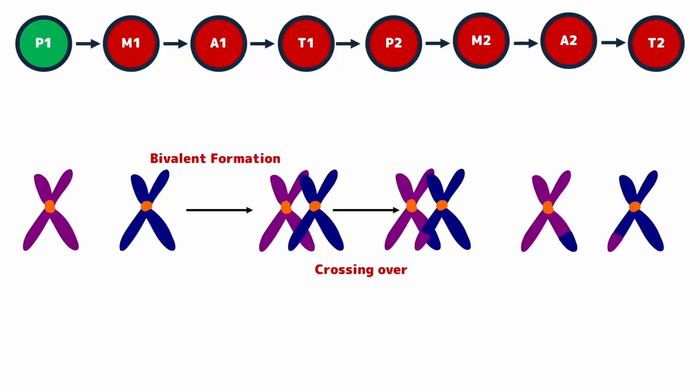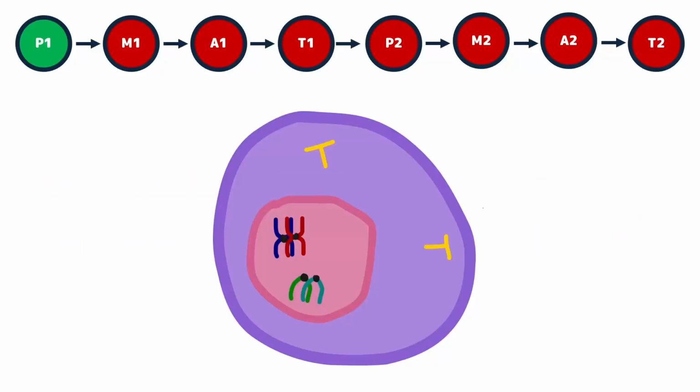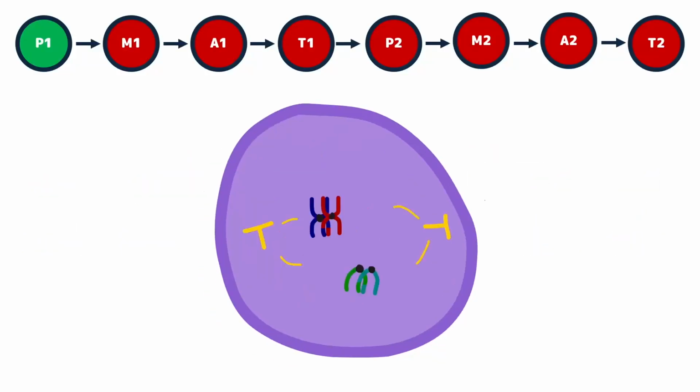And after meiosis 1, they of course get separated, but we will get to it closely. Well, here the bivalents got created, crossing over happened, the nucleus gets destroyed, the centrosomes move to the opposite poles, the microtubule spindle starts to assemble, and this is when prophase 1 finishes.